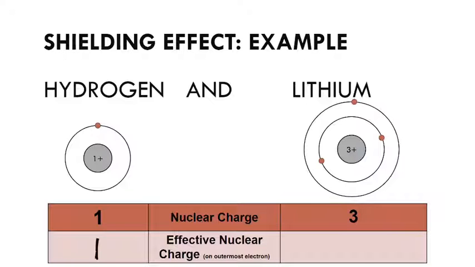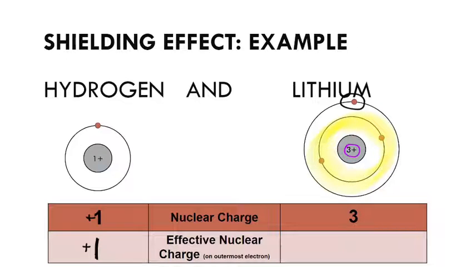So it feels a +1 effective nuclear charge. And then over here in our lithium atom, this outermost electron is only going to feel 1 of those protons pulling on it. The other 2 are getting canceled out by these 2 inner electrons.